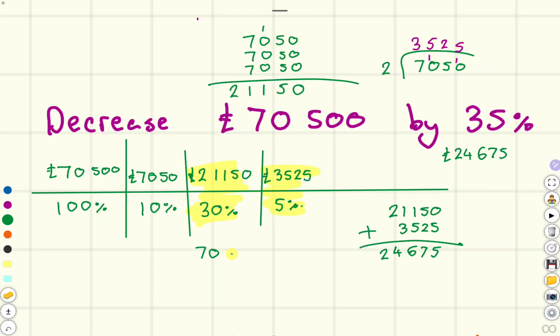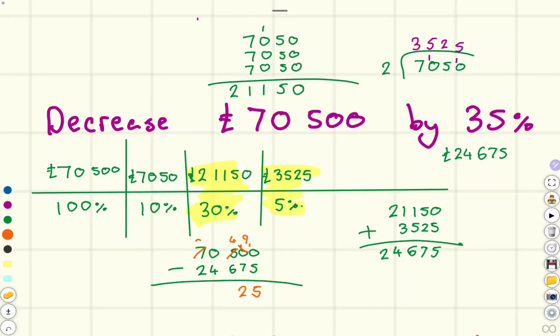So 70,500, take away 24,675. You can see there's quite a bit of borrowing going to be needed here. I borrow from there, becomes 10, but straight away a 9. 10 take away 5, which is 5. 9 take away 7, which is 2. 4 take away 6, I cannot do.